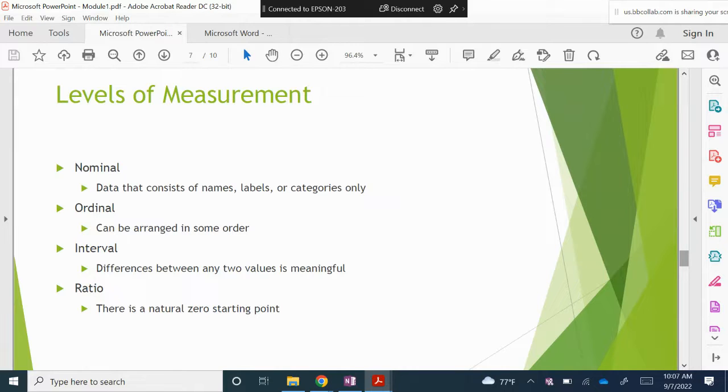Can I put it in order? If I can put it in order, it's ordinal. If I can't put it in order, I'll go a little bit further. Is the difference between any 2 values meaningful? If yes, I know it's interval. If no, I would go to the last one. And then for ratio, by default, it has to be ratio, but I would still ask myself, is there a natural starting point? And it should be yes.